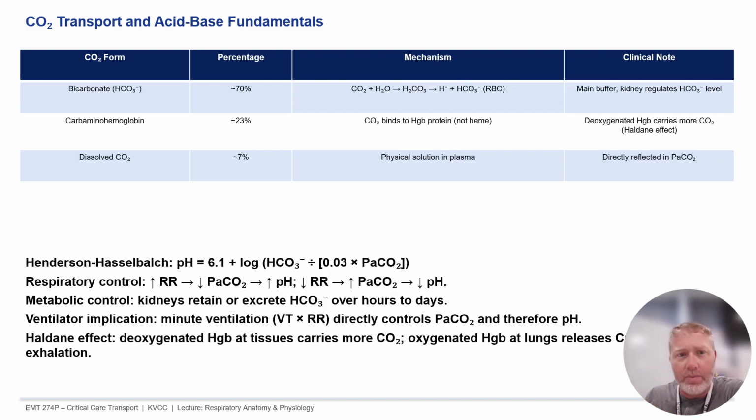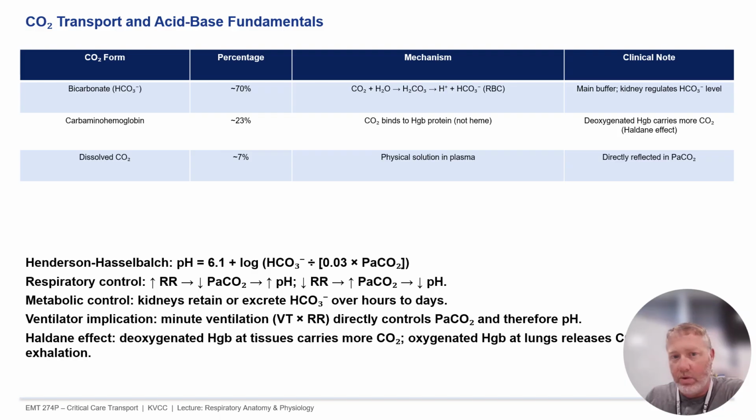But for transport purposes, the practical implication is direct. You control the PaCO2 of the patient through the ventilation rate and the tidal volume. Increasing the respiratory rate or the tidal volume blows off more CO2, which raises the pH and lowers the PaCO2.